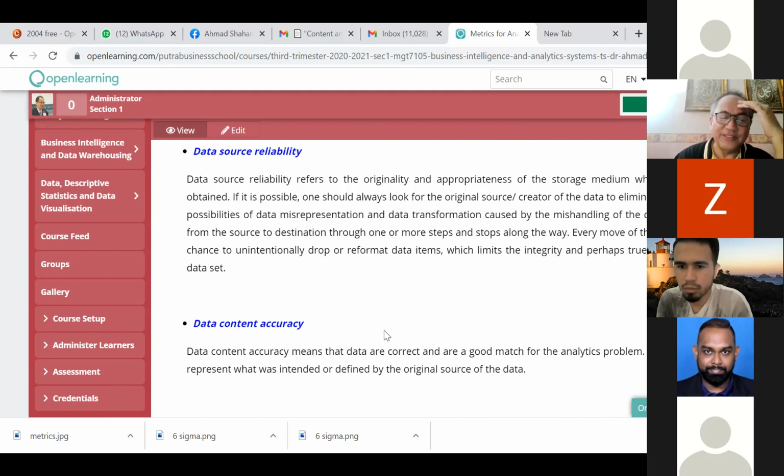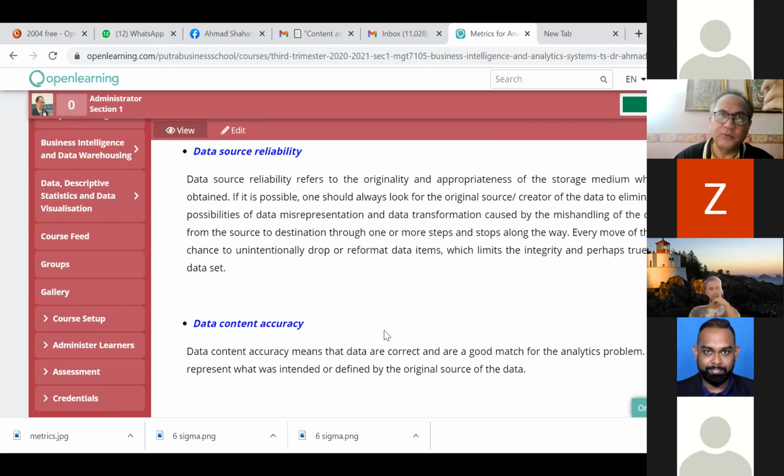Okay, and then data content accuracy. Besides data source reliability, when you look into reliability, you're looking at the data source. The data source needs to be reliable. And then next step is data content accuracy. So the data content must be accurate. The data is correct, and it matches the analytics problem.